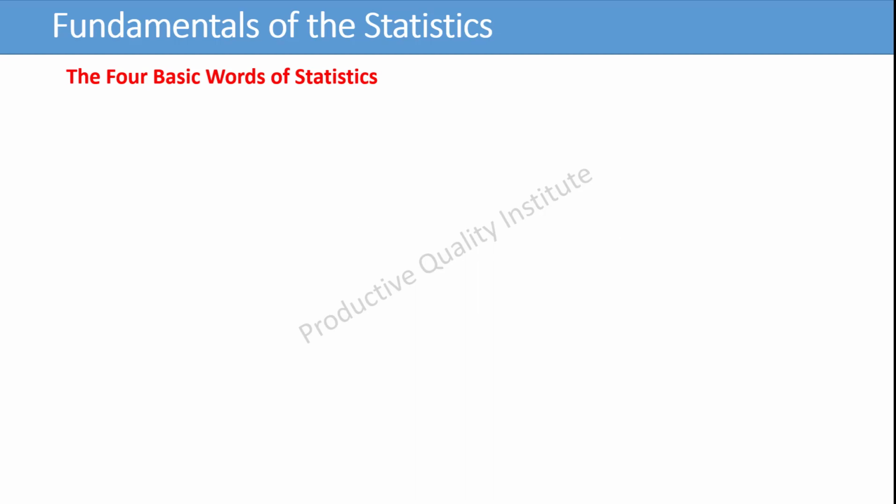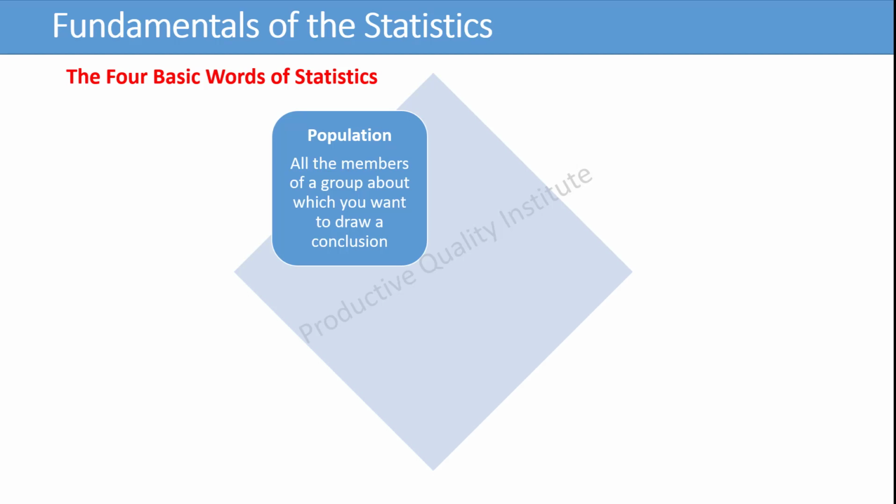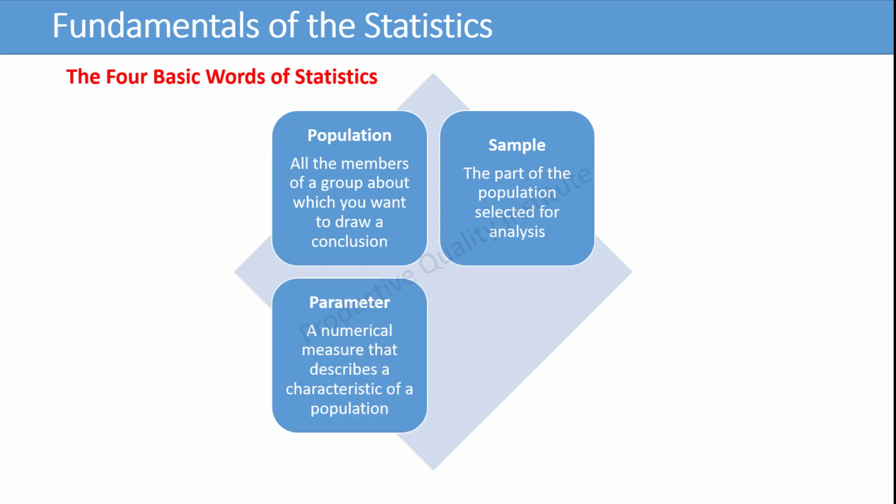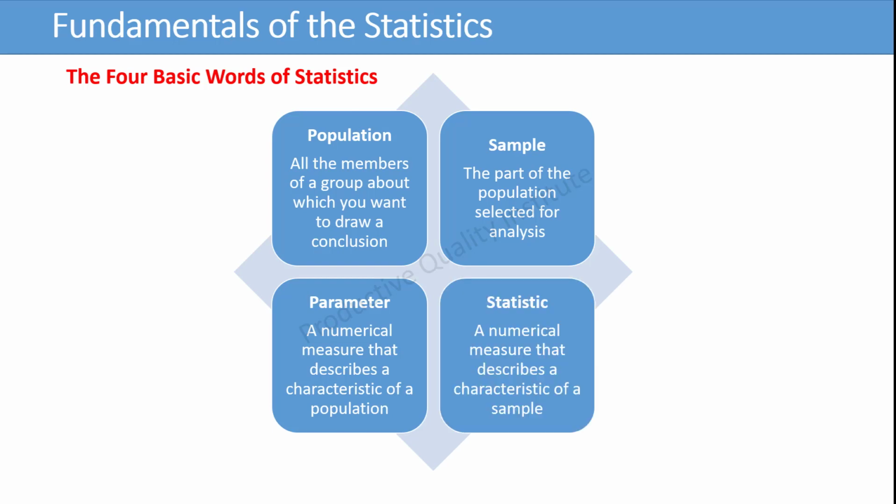The four basic words of statistics are: population, all the members of a group about which you want to draw a conclusion; sample, the part of the population selected for analysis; parameter, a numerical measure that describes a characteristic of a population; statistic, a numerical measure that describes a characteristic of a sample.